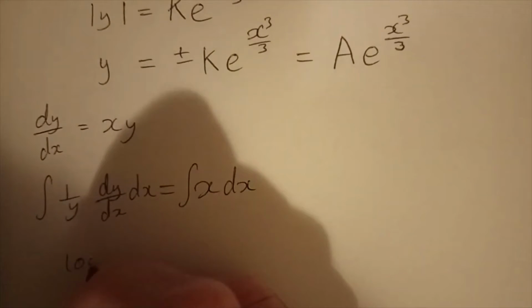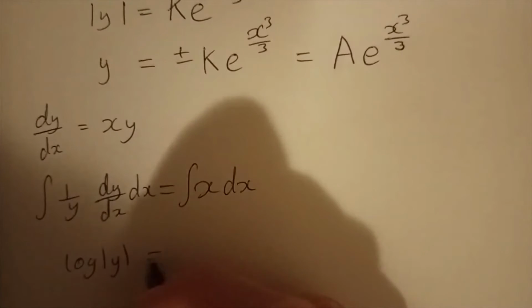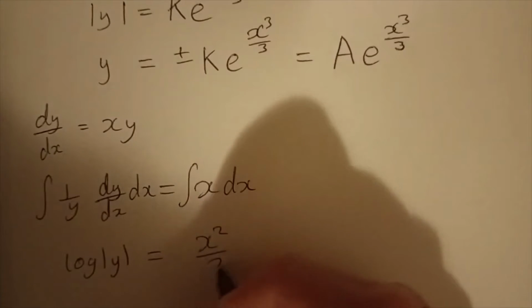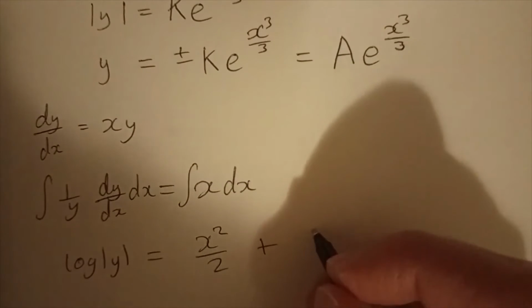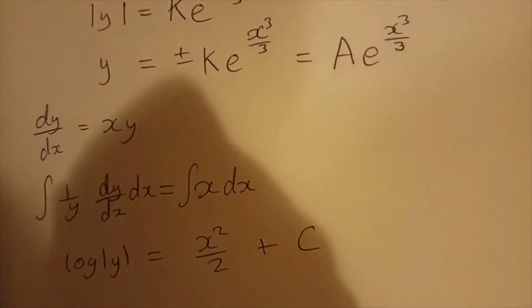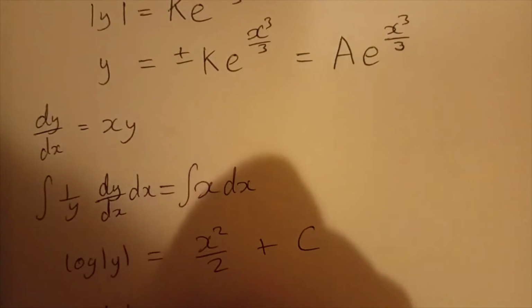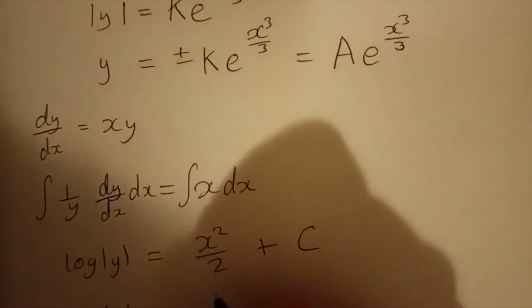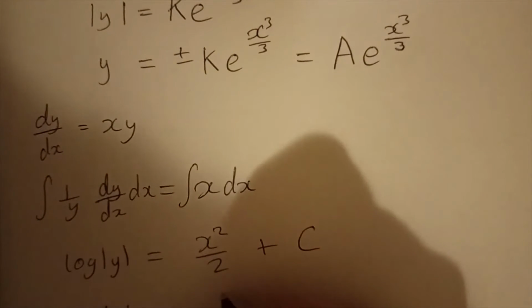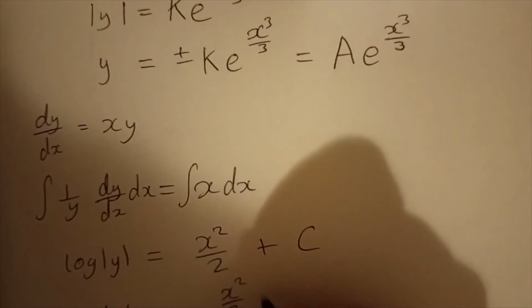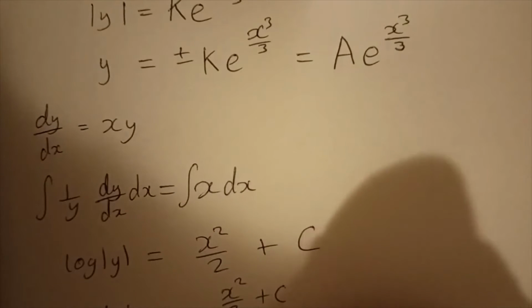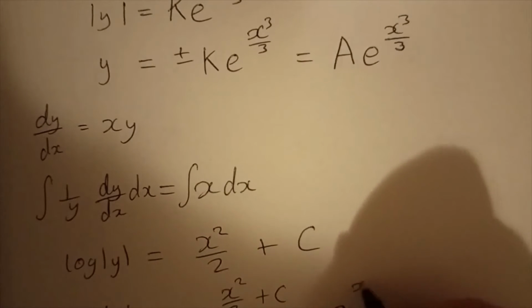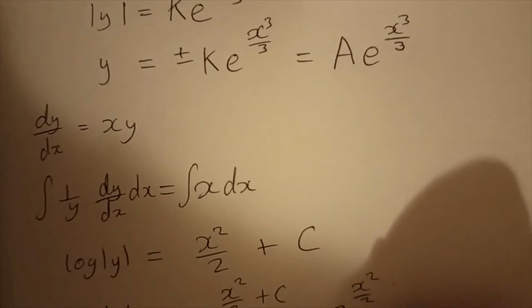Which gives log of the absolute value of y equals x squared over 2 plus some integrating constant, which I'll again call c. And then again, the absolute value of y will equal the exponential, taking the exponential of both sides. Again, we have the absolute value of y equals the exponential of x squared over 2 plus c, which again equals exponential of x squared over 2 times the exponential of c.